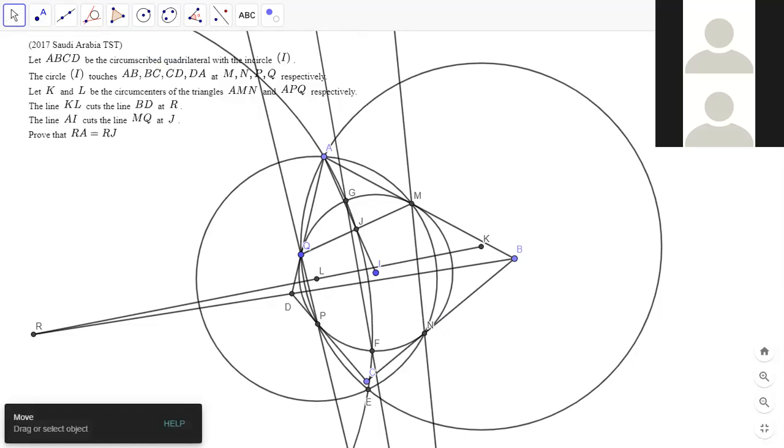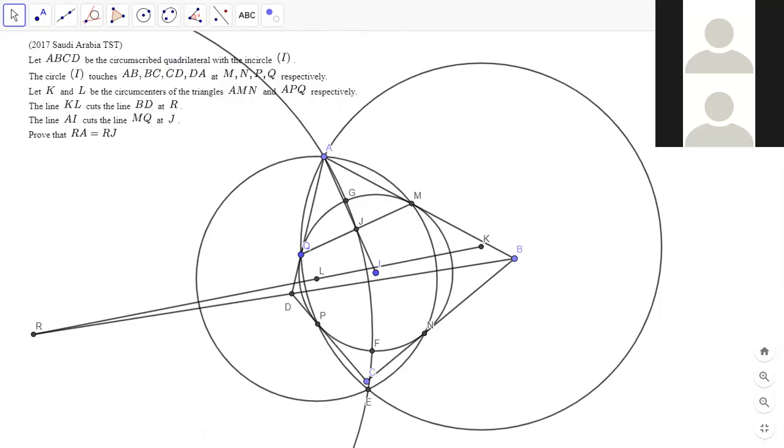I think I'll just keep that in mind just because it would make the diagram hard, but that's an interesting observation. So, well, because GF is perpendicular to KL, right? Did you get that by the radical axis? Yeah, that's the radical axis theorem, right?